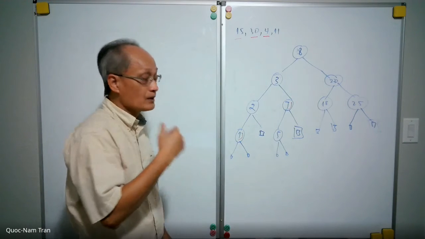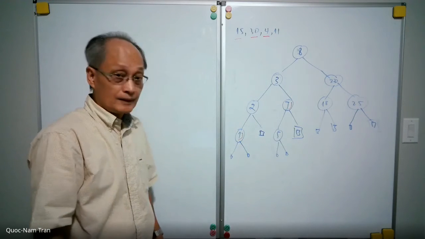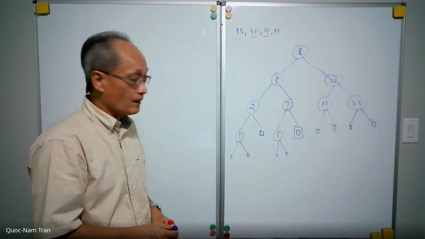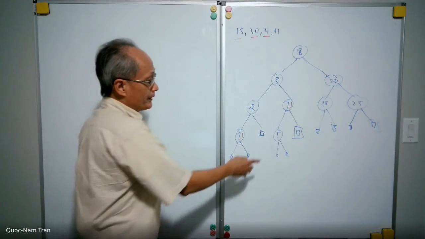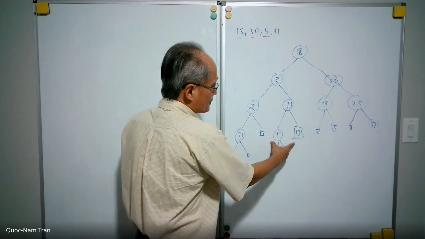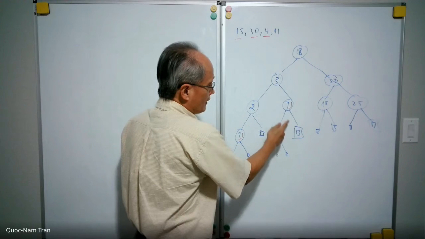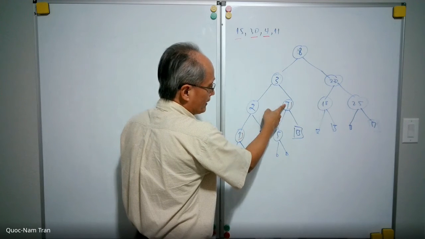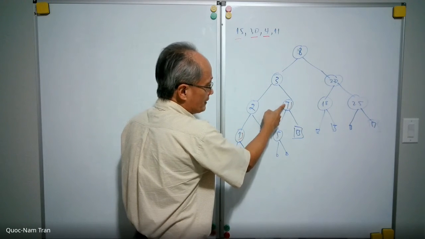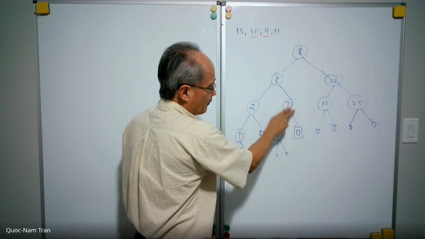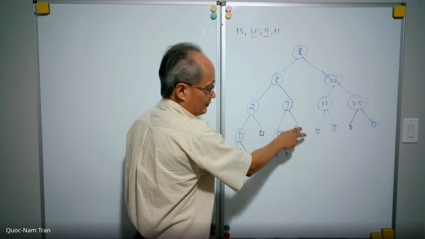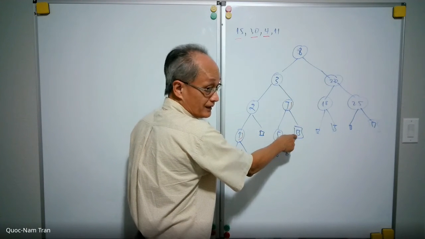Then we can change something, right? Or in other words, we can try to rearrange the colors here a little bit, right? So what we will do is that if this one is red, and if we change this one to black, then the branches here have one more black, so we can remove this, right?